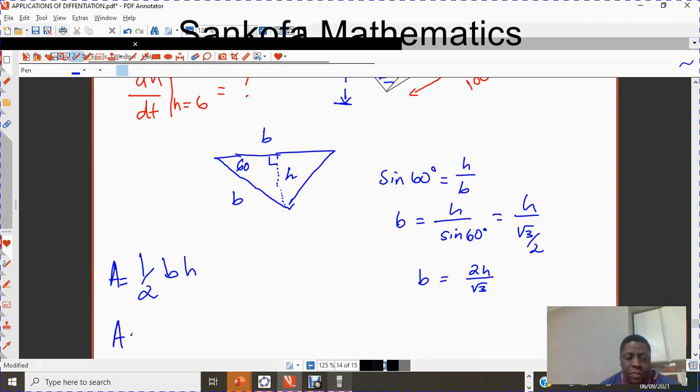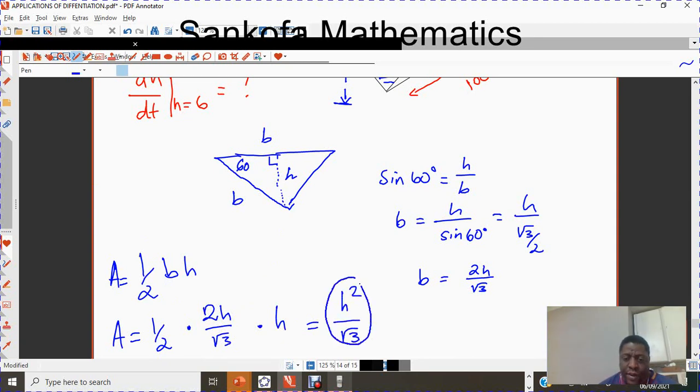So the area would be 1/2 times the base, and the base is 2h over root 3, and we multiply that by the height. Well, this is going to clean up nicely to h squared over root 3. So this is the area of the triangle.